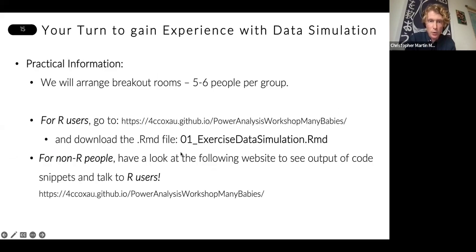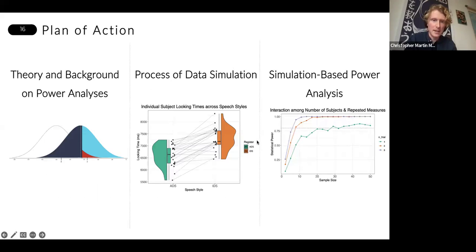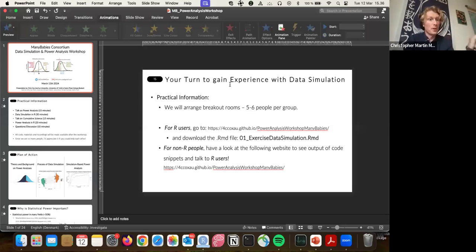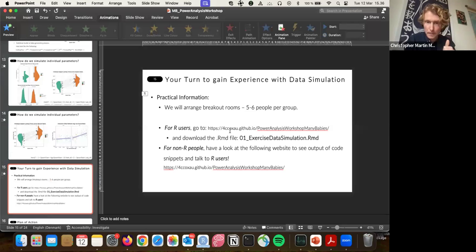I've made a Quarto website, so we can download the RMD files, our markdown files, and I'll provide the link in the chat. And again, I said that non-R people are also welcome, which they are. But please help them, R people, because I think it would be useful if they can learn from you.